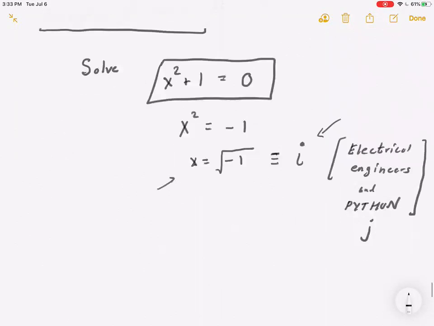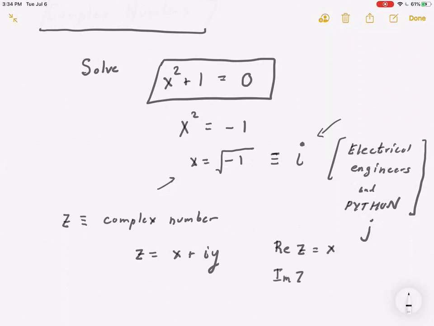Okay, so most people use the letter z to express a complex number. And a complex number has two parts. It has a real part, which is denoted by x, and an imaginary part, which is denoted by y.